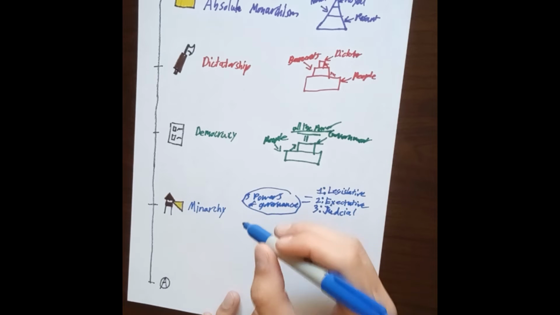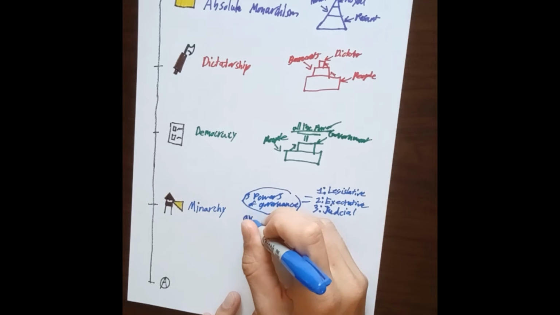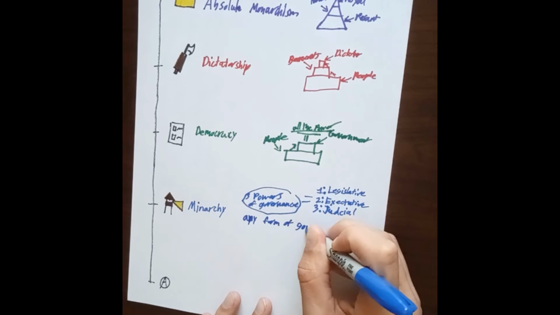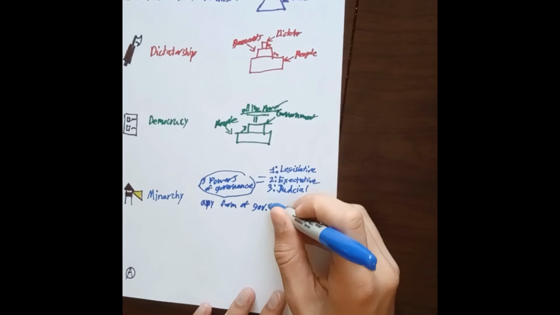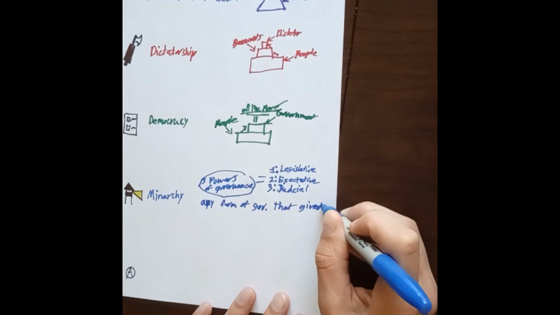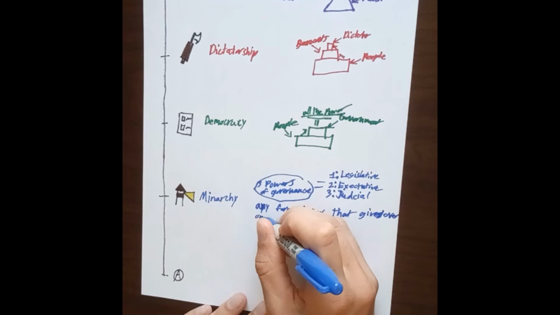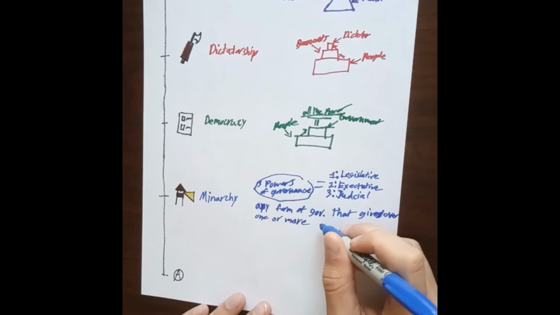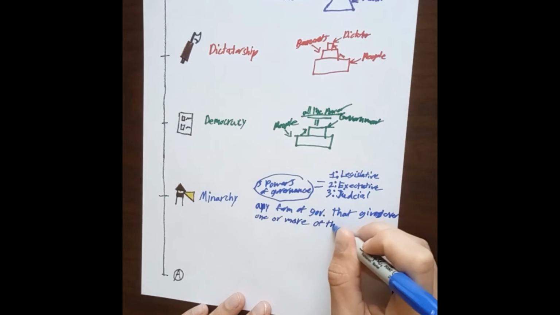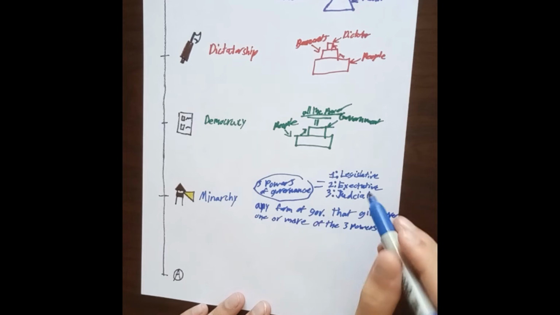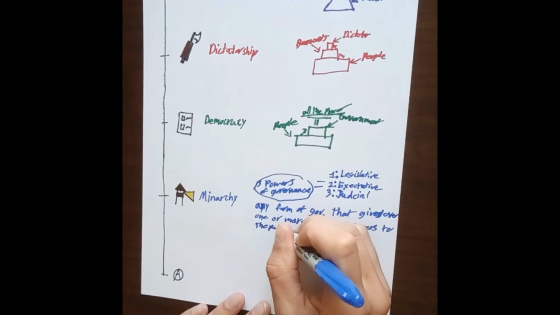The thing is, what a monarchy is: a monarchy is any form of government that gives over one or more of the three powers to the people.